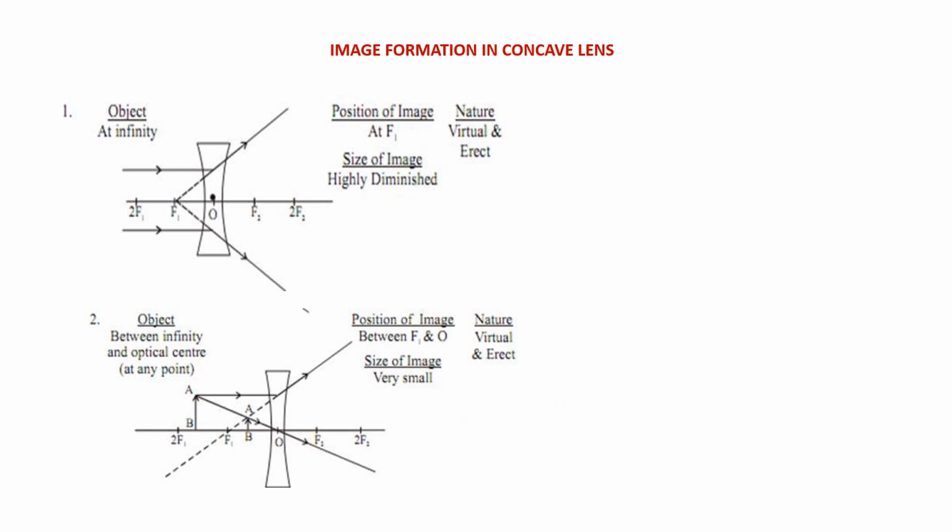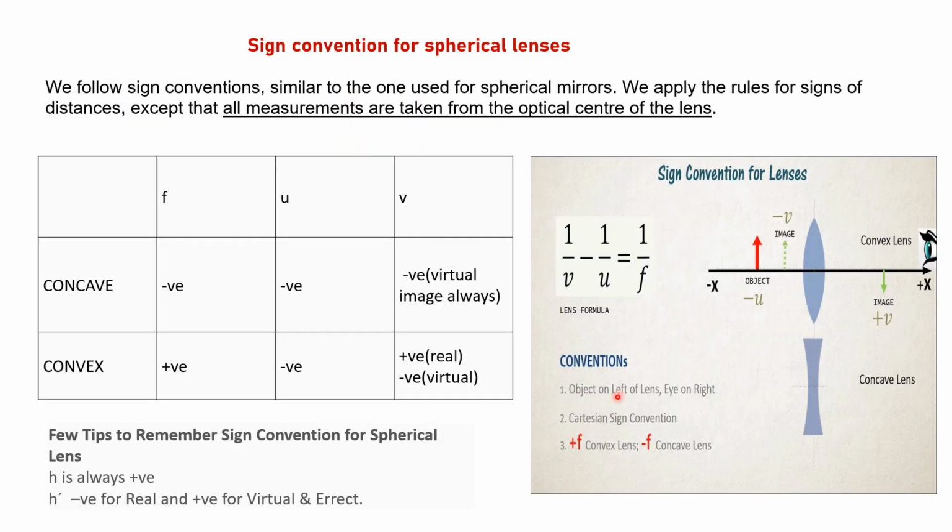So let's see the sign conventions. In the sign convention for spherical lenses, you have to pay attention only to the focal length of the convex lens and the focal length of the concave lens, which have changed. The rest of the signs are absolutely the same.